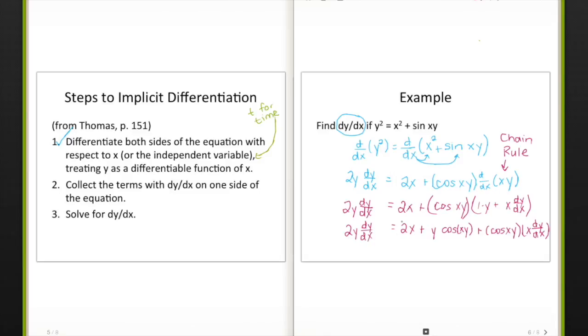All right, now that we've distributed, we're ready to go ahead and move to the left side our term with the dy dx. So we're going to move this whole mess, our cosine xy, x dy dx, all of that's moving to the left side of the equation. And we do that by subtraction. Subtracted from one side, now we're subtracting from the other side.